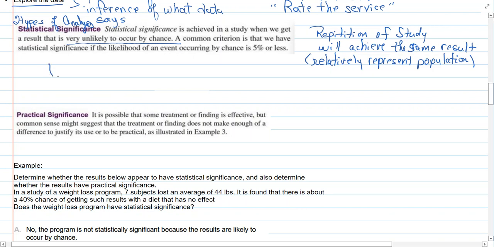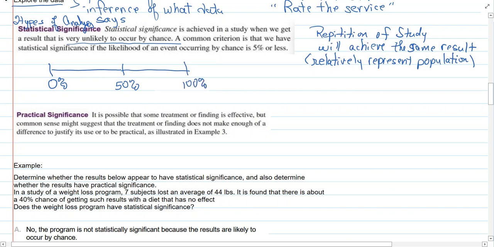Okay, let's think about that. So if we're talking 5%, right? So if this is 0%, 50%, 100%.